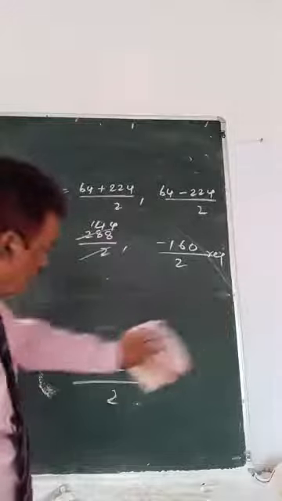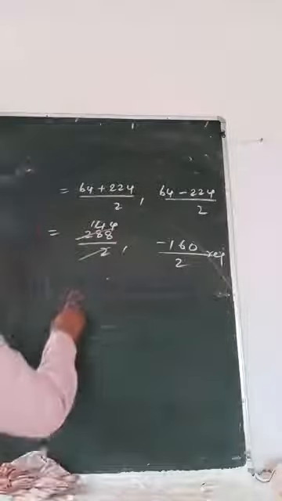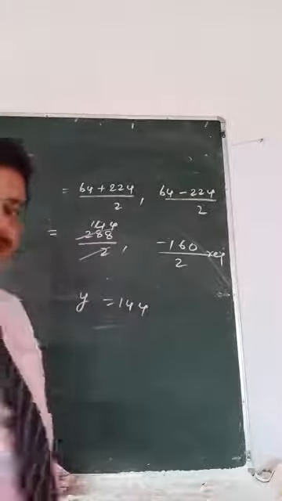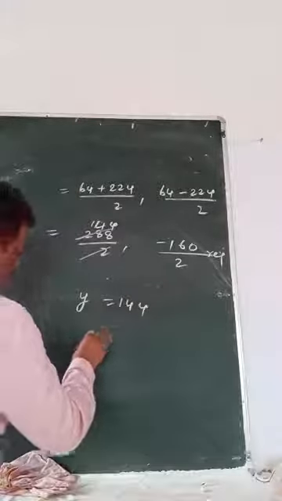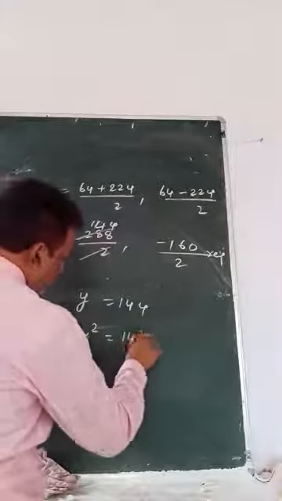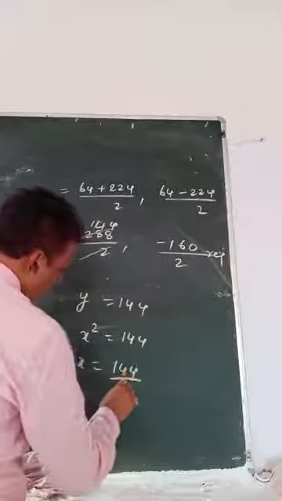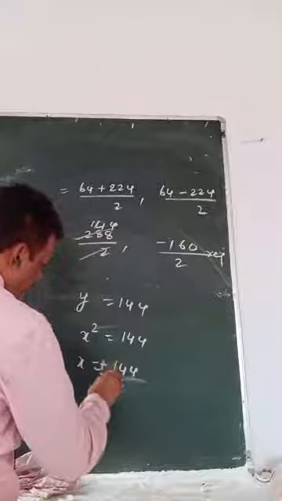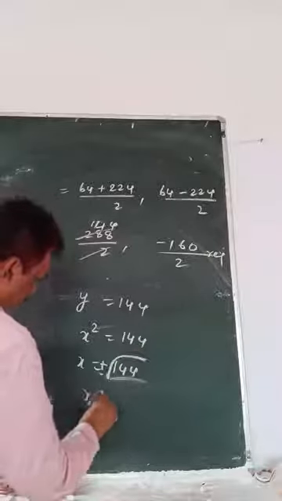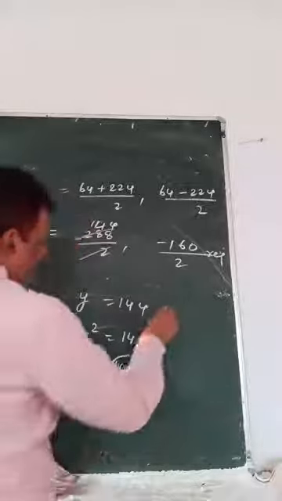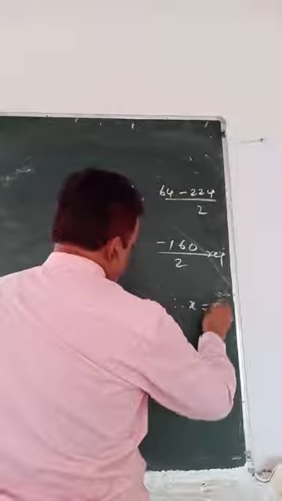So 144 means your y value is 144. But your question was x square, so x square is 144. x equals plus minus root of 144. So x is equal to plus minus 12. Negative is rejected, therefore x is equal to 12.